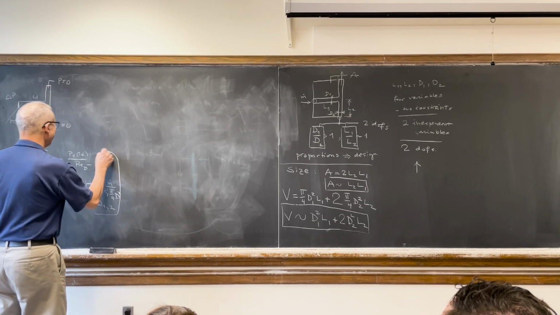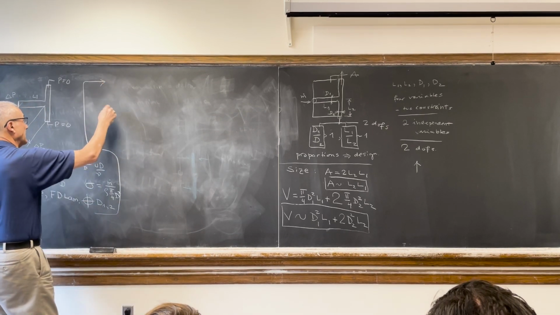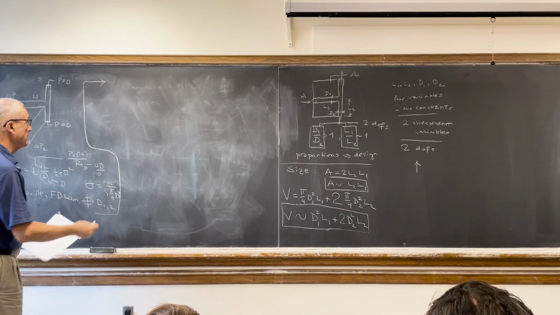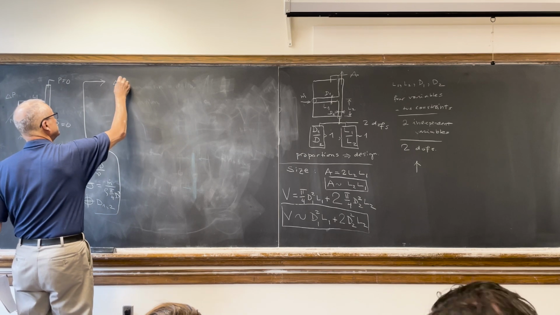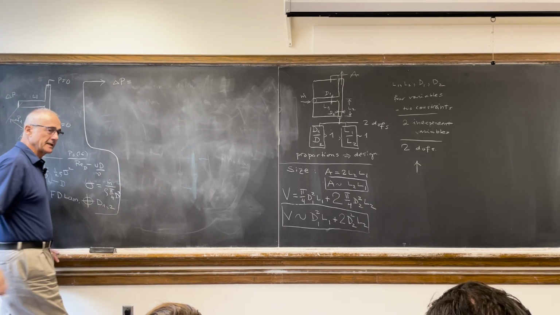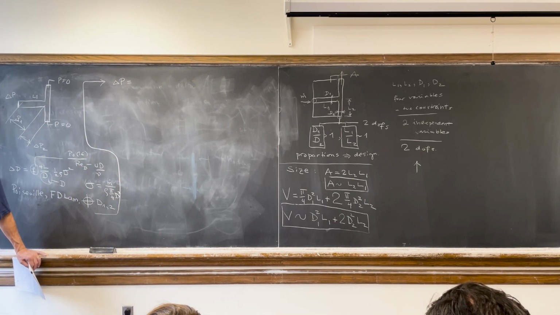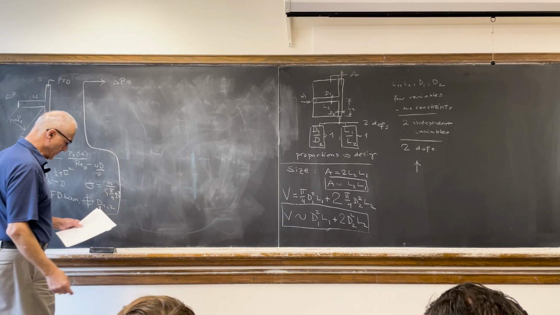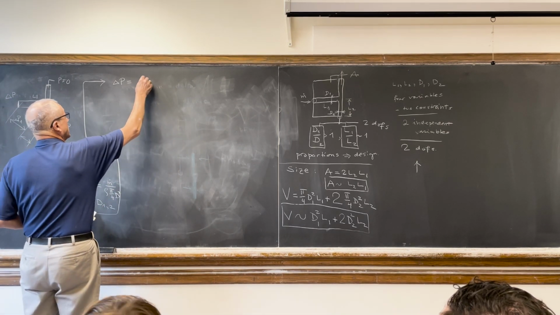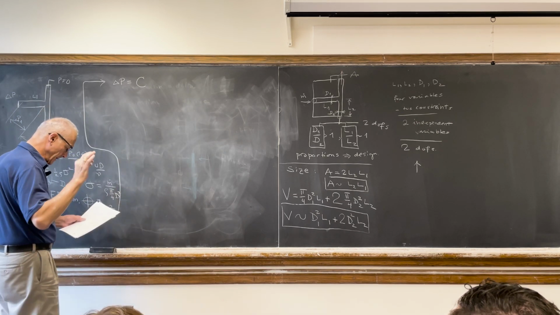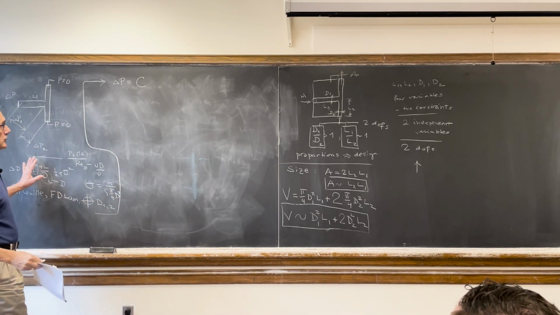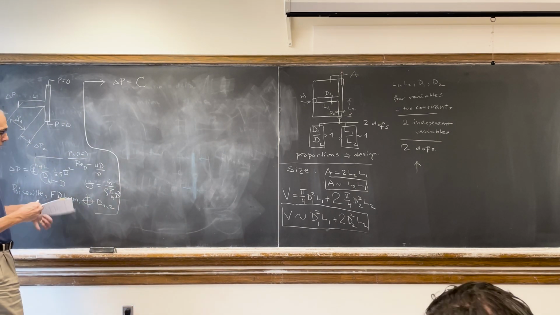And then you arrive at a general formula called delta P. In other words, this is an exercise for you if you have not done it already. You arrive at a delta P that's proportional to a constant that is the same for all such flows called Poiseuille.